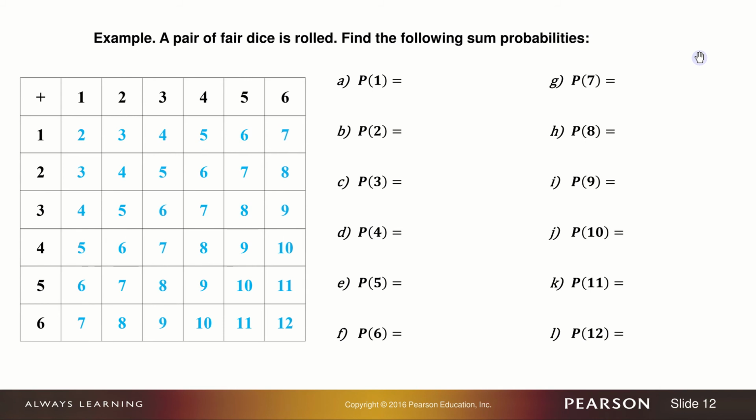So here is a pair of fair dice which is rolled, and we want to know these sum probabilities. We want the sum of the numbers on the two faces of the two dice to be these possibilities, which are shown here in blue, right?